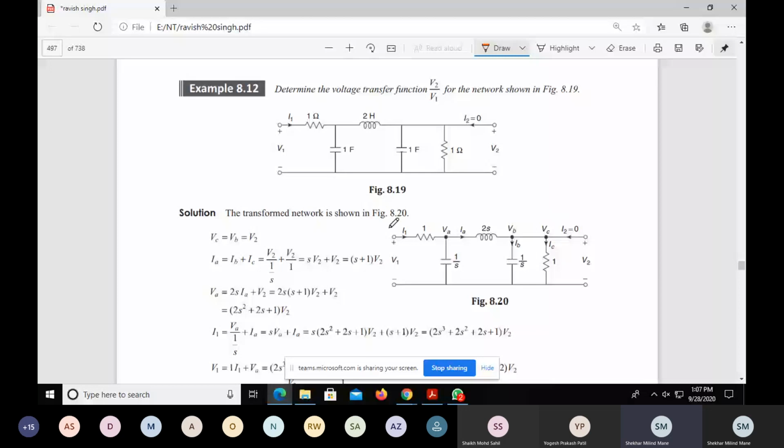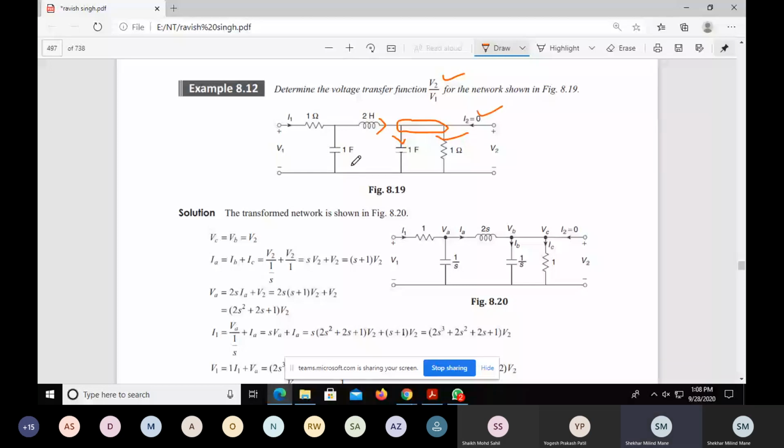Now here also you have to find V2 upon V1. Here you can see there is only one node, since no element is connected, so both points are the same, but the currents are different through this and through this. This current gets divided into these two parts, and I2 is 0, as given here.